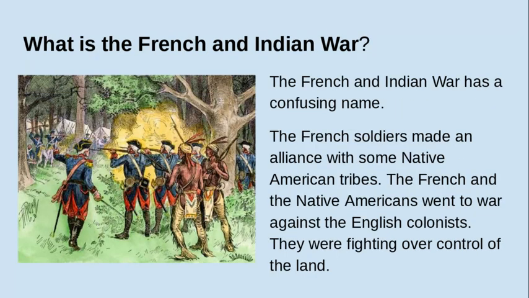And this war started in the year 1756, and it was called the French and Indian War. And that's a very confusing name because that makes you think that the French and the Native Americans, which is called the Indians in this title, fought each other. But that's not what happened.